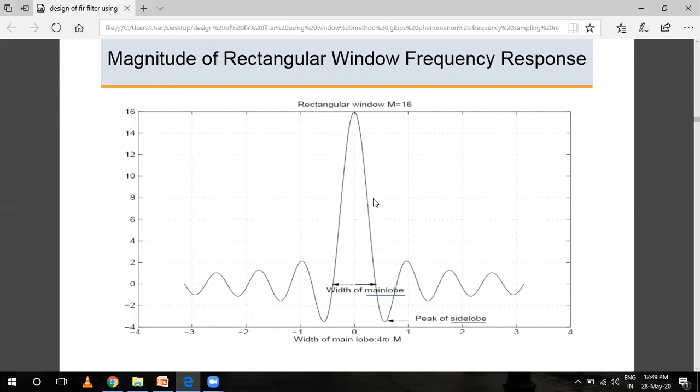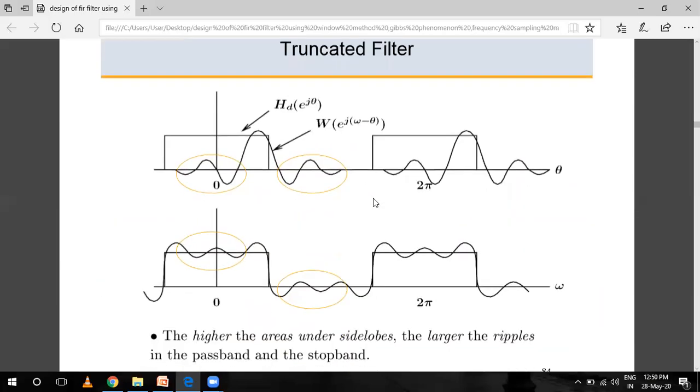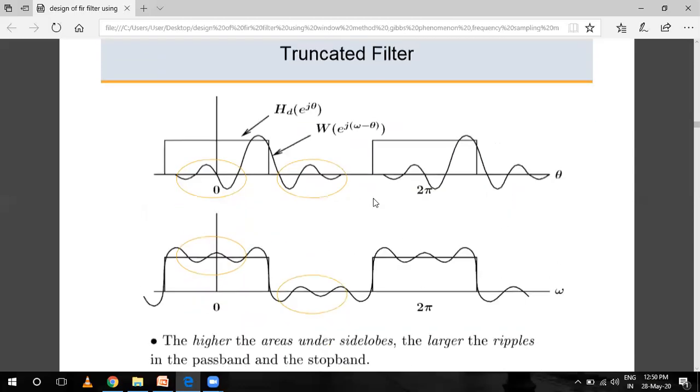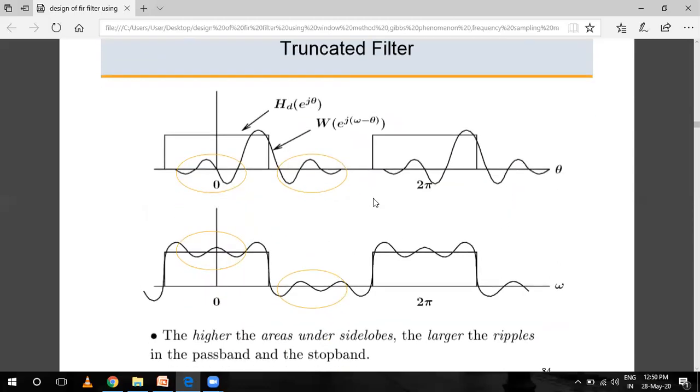The width of the main lobe is 4π/M, along with the peak of the side lobe. That is a rectangular window when we take M equal to 16. This is the graph showing the width of the main lobe 4π/M when we take M equal to 6. This is the graph we got from the truncated filter.